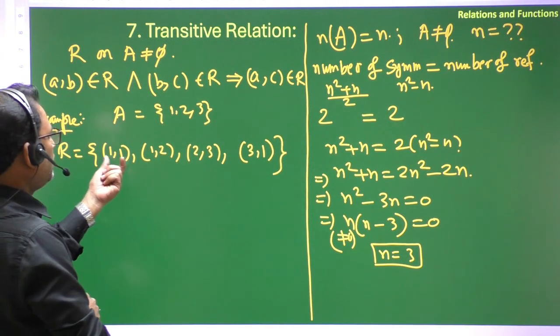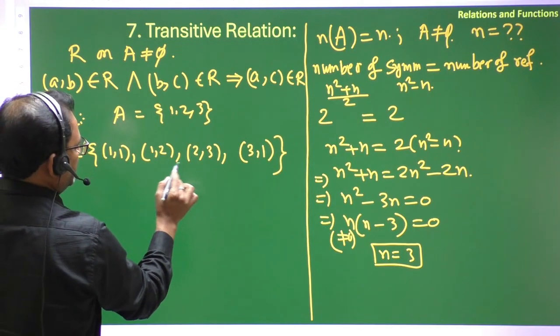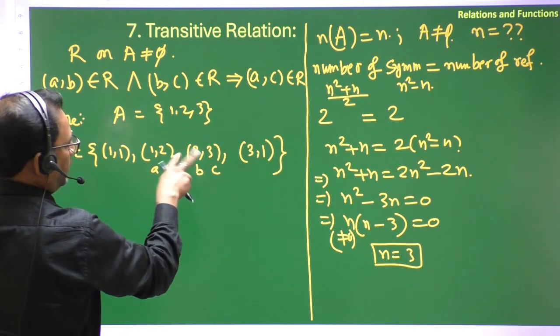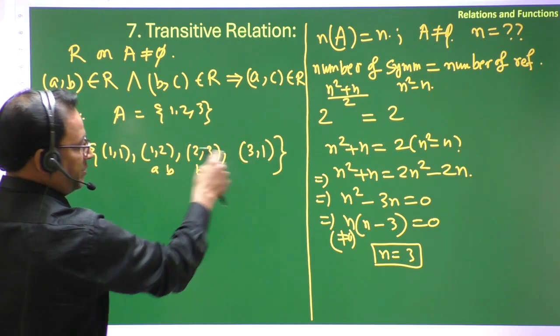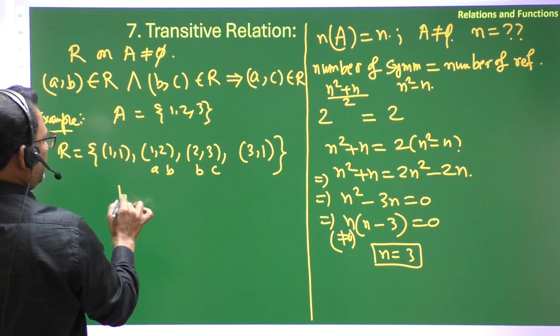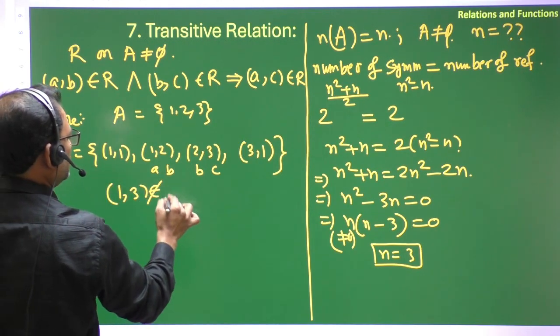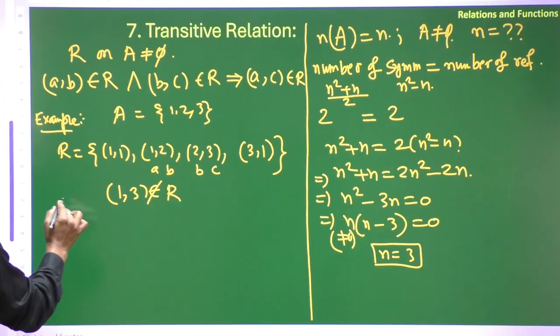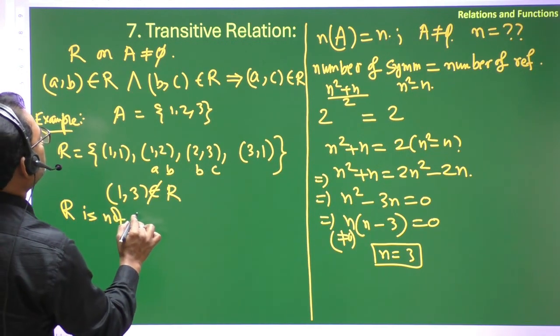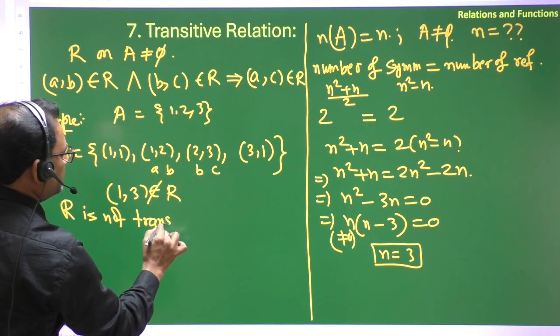So look, (1,2) is present, so this is my A, this is B, this is B, this is C. So (1,3) should be present in the set, but here (3,1) is present and (1,3) is not present. Since (1,3) does not belong to R, we say that this R is not transitive.